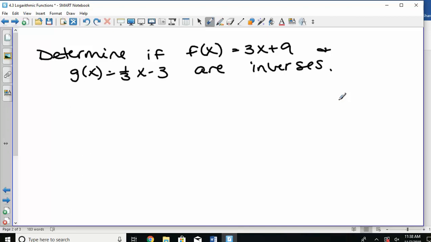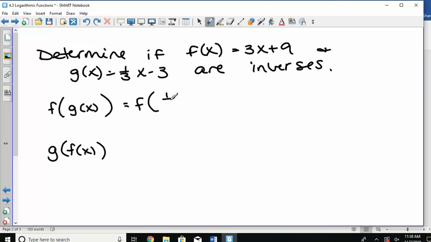There's a couple ways we could do this. Give me one option. Right, you plug them into each other, and what should you get out? X, every time. So, we would do F composed with G, and G composed with F. If either one does not give us an X back, then they're not inverses.